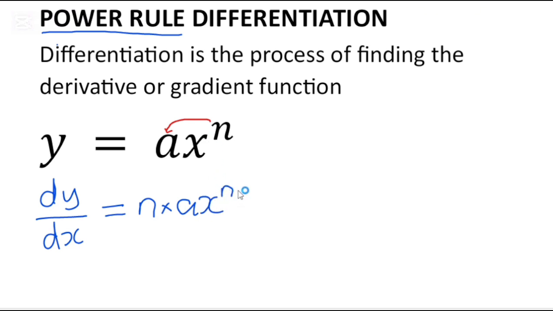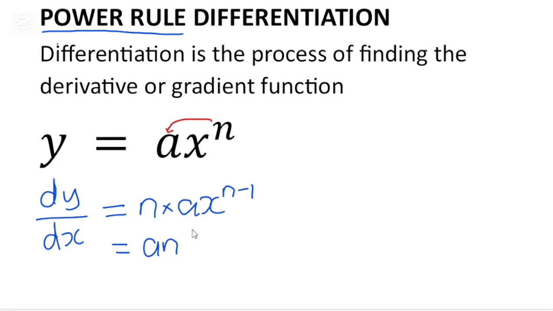Now this power n, we subtract 1. To simplify this, n times a is going to be an, then times x to the power n minus 1. So this is the derivative or the gradient function of this function y. That's how we differentiate.